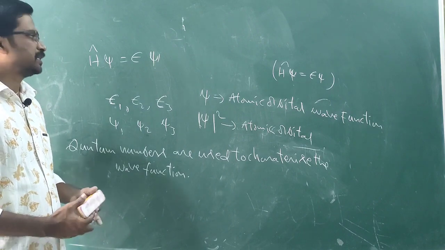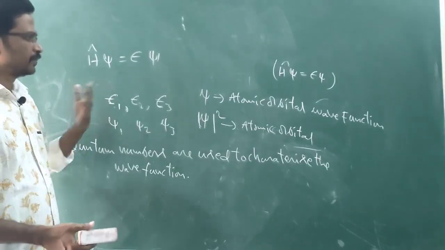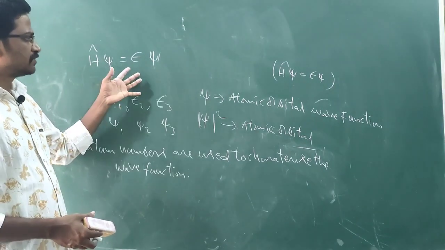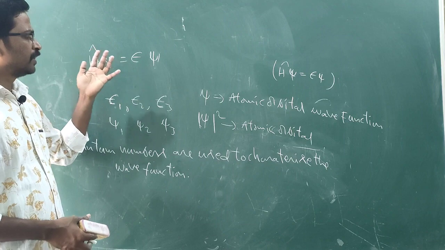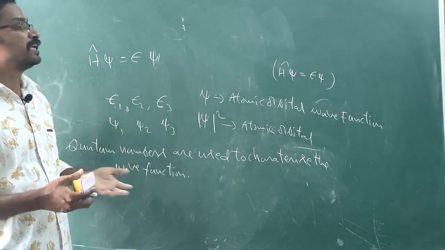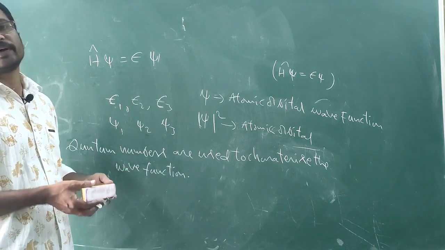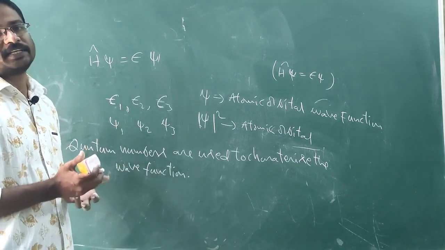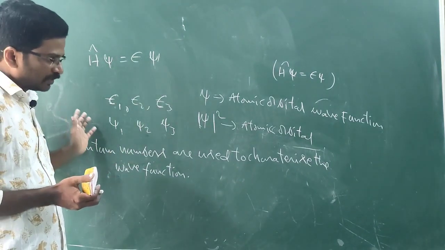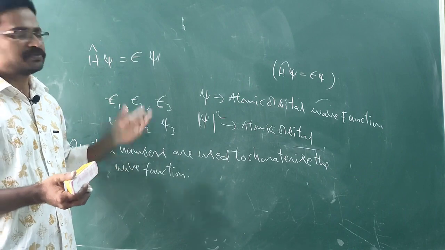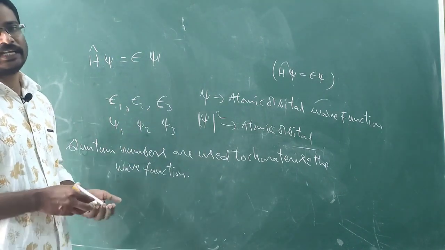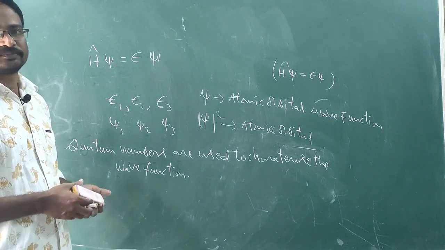This is the basic idea for the development of quantum mechanics. These are useful for single electron containing atoms. For multi electron containing atoms, it is difficult. There are various methods in quantum mechanics. The Schrodinger wave equation for single electron atoms is very easy, but it is more difficult for multi electron atoms.